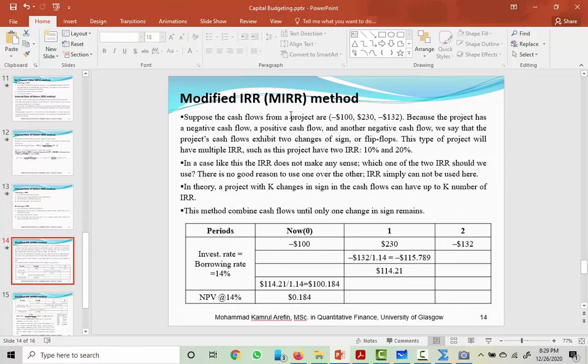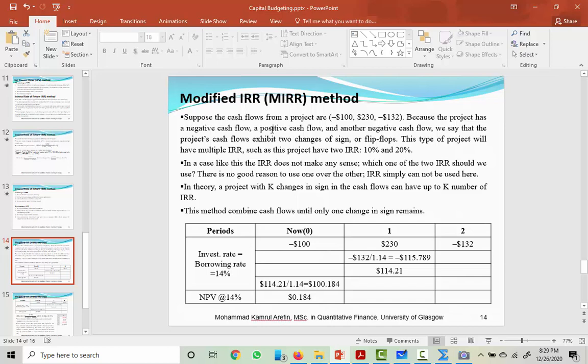So now let's see modified IRR. What is modified IRR? As I said before, if you have multiple changes in sign in the future cash flows, you may get multiple IRR, and you cannot consider one over the other.